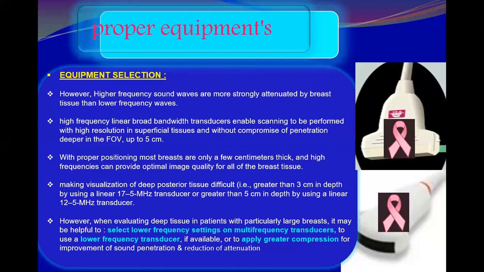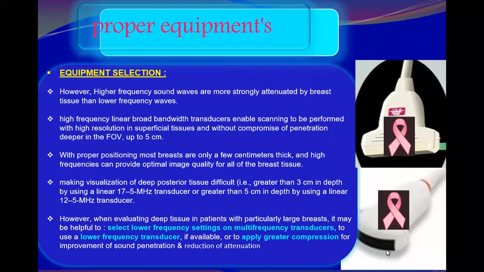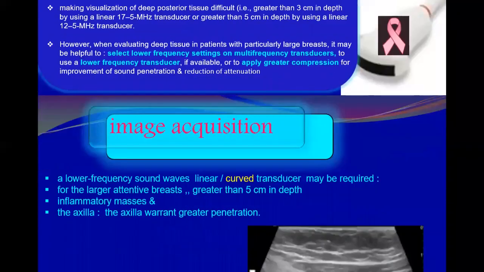But rarely we might have a huge breast, or sometimes deep structures in the axilla, or sometimes there is inflammation, which also attenuates the sound. So sometimes we might need to use a lower frequency transducer, and sometimes even the convex or curved transducer.